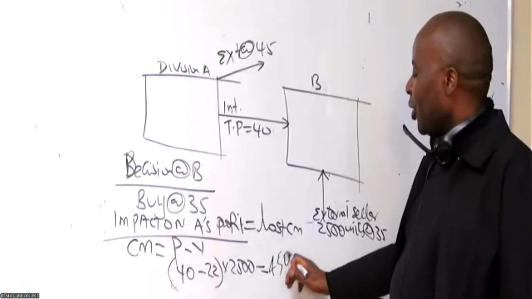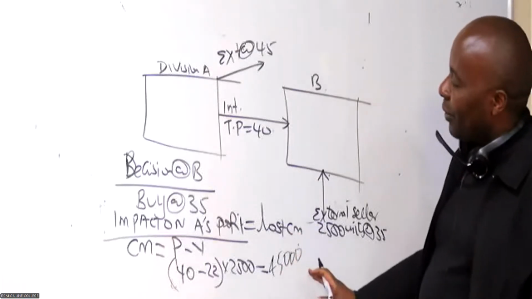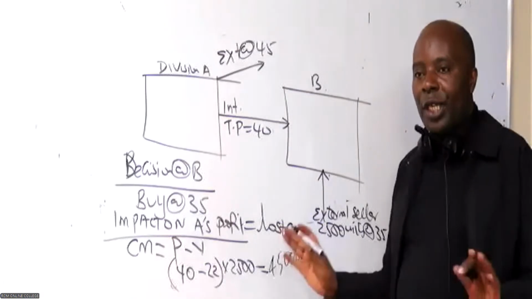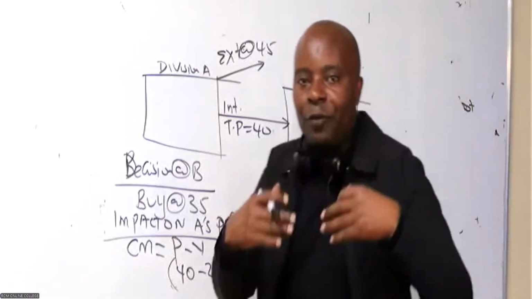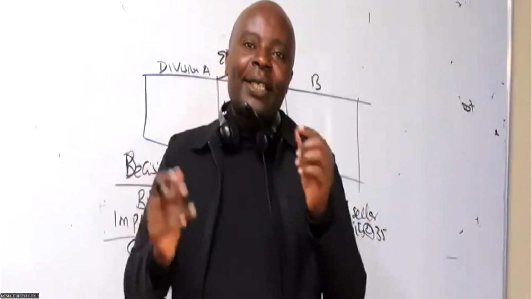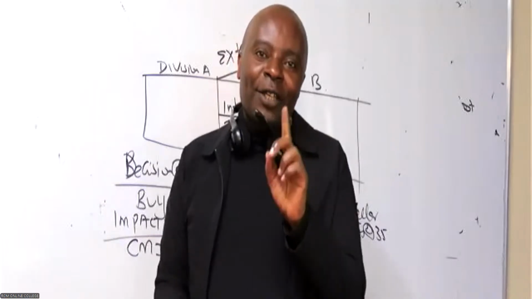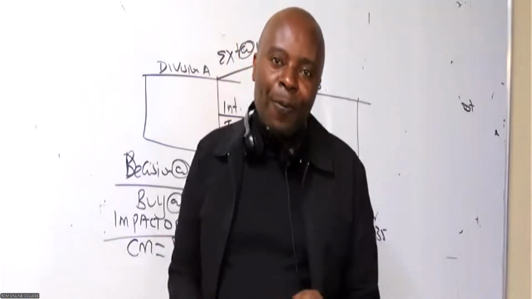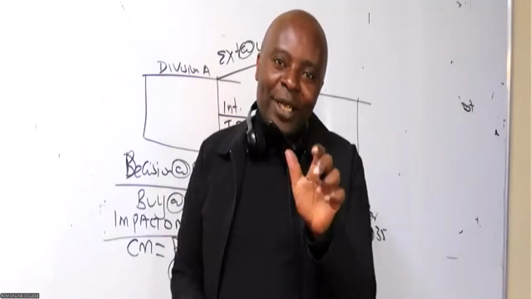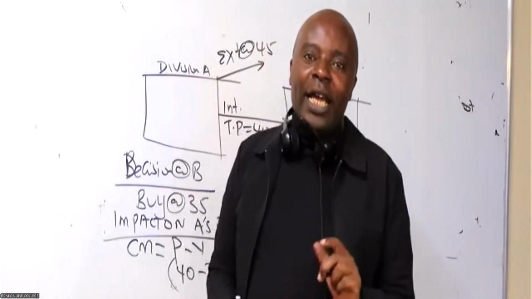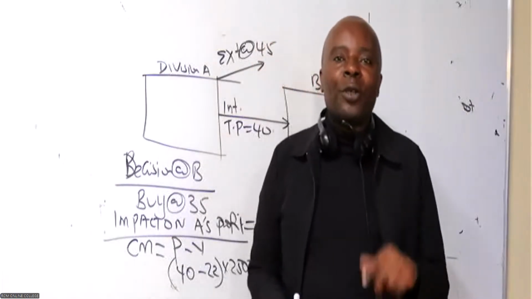That is 45,000. So this 45,000, ladies and gentlemen, is what we shall lose as A. If we sold the 2,500 units to B, the selling price would have been 45 and the variable cost 22, giving a contribution margin times the number of units that we are now not able to sell.